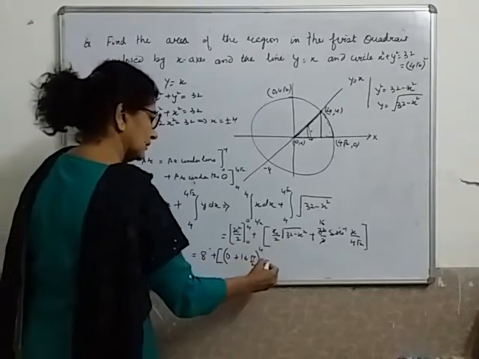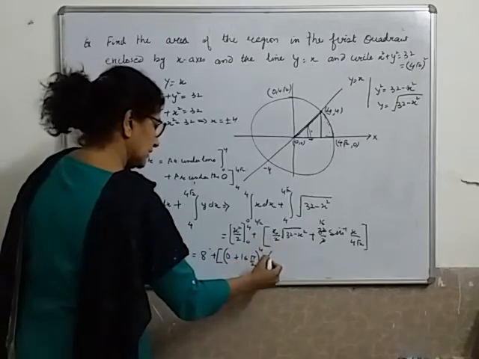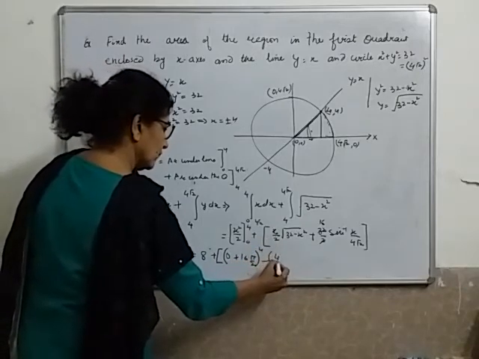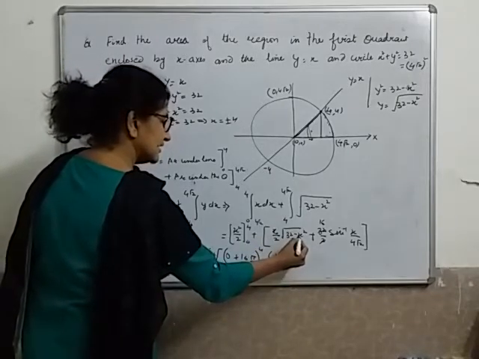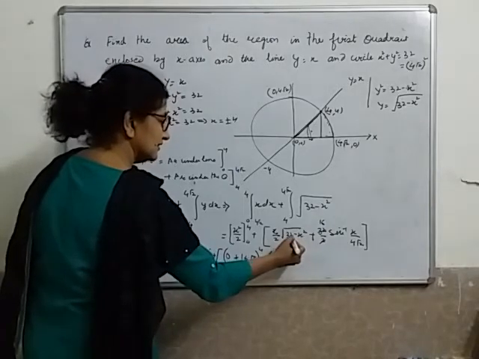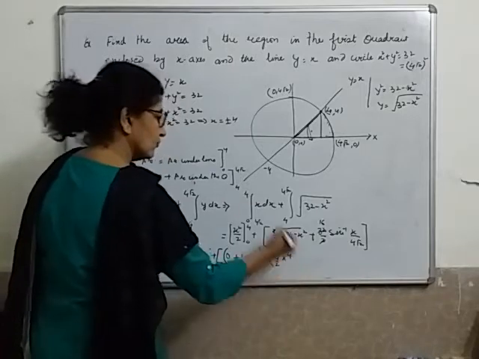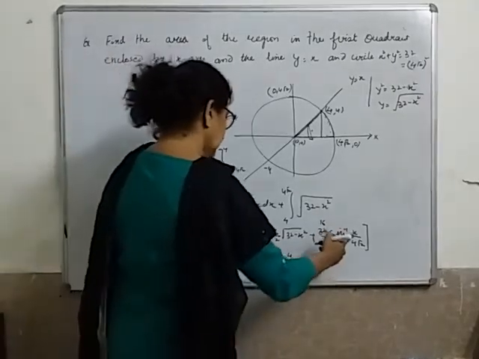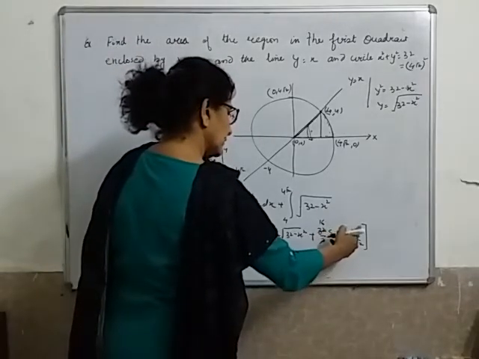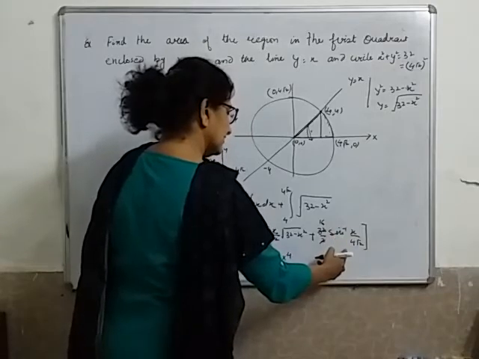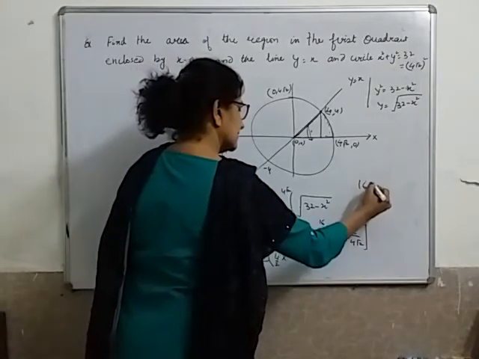Now coming to the lower limit. This will be 4 by 2. When I put 4 here, 32 minus 16 is 16 and its square root is 4. The 4 and 4 cancel, it will become 16.